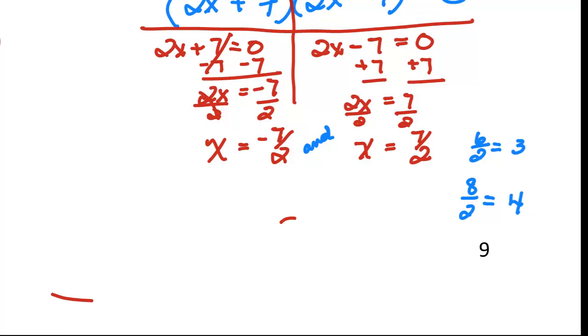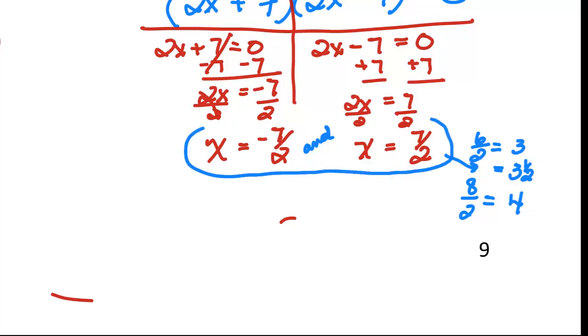So that means if you're talking about 7 halves, you're talking about 3.5. Just so you know. So this is basically negative 3.5 and positive 3.5. And those are your x-intercepts.